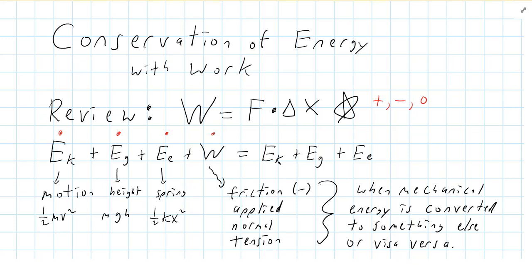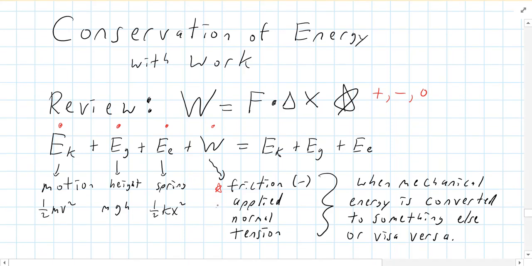So for us, more than likely, we're going to encounter friction, which is going to make negative work usually. So that's taking mechanical energy out and turning it into heat. And then in our last example, in the second video I'm going to show you, there's going to be work done by an applied force. A person is going to be doing work.